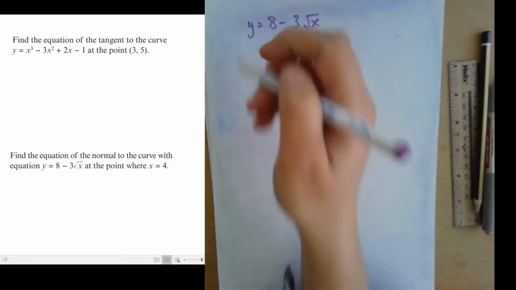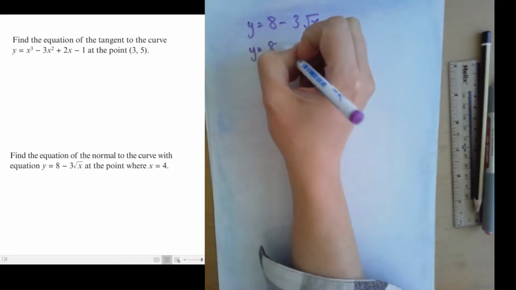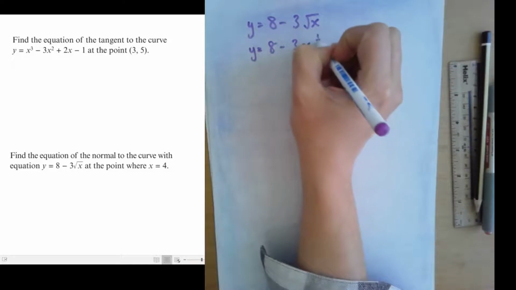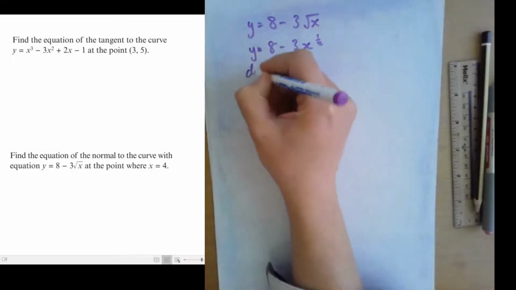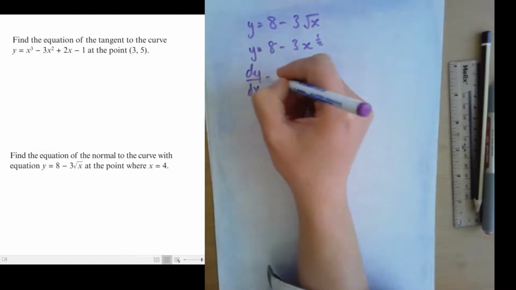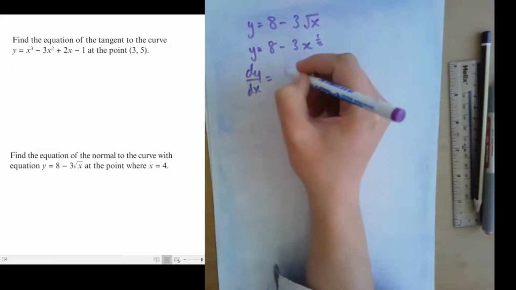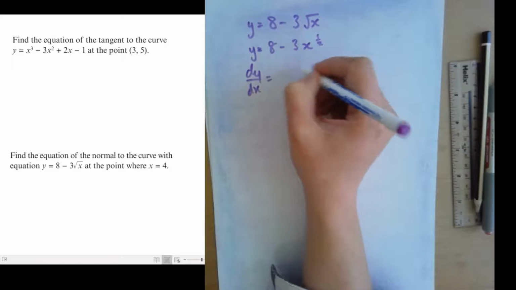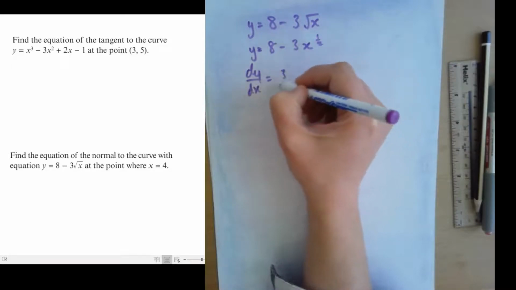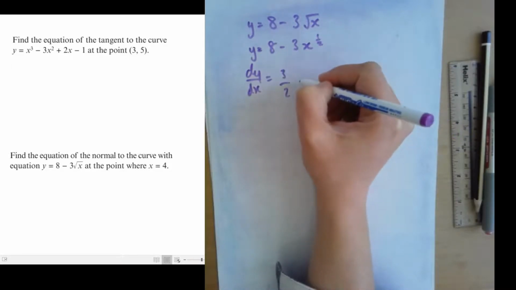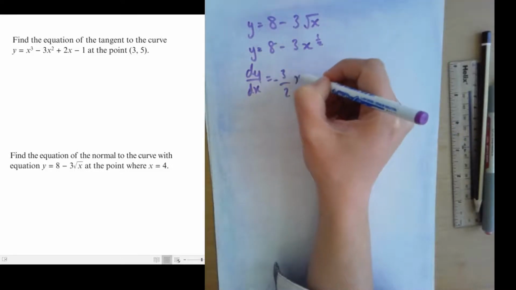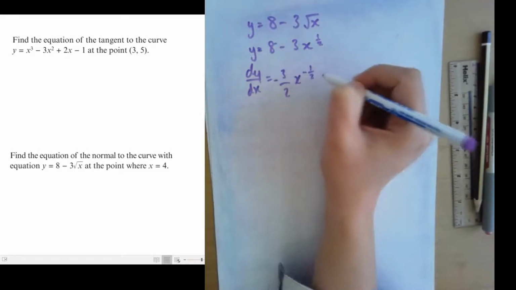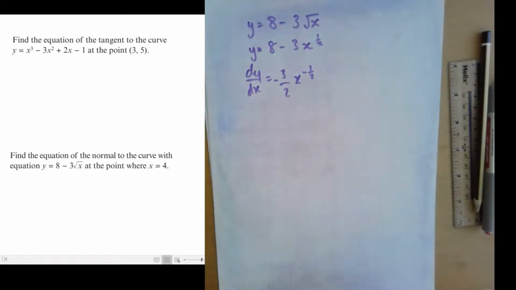I don't really want that as a square root. So I'm going to convert this x into a power first of all, okay? And then, still doing exactly the same thing, find out the differential. So 8 just becomes 0. This half then comes down, so it's 3 over 2. There's a minus there, obviously because of that minus. And then you have x, and half take away 1 is negative half.